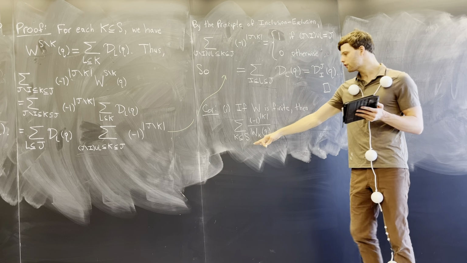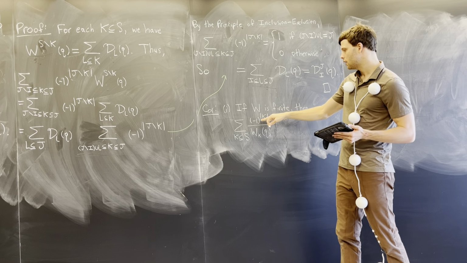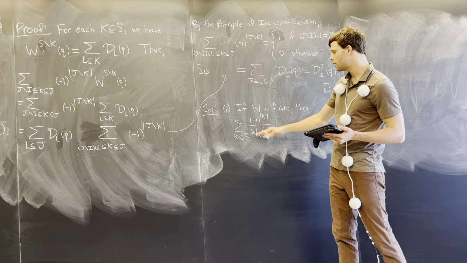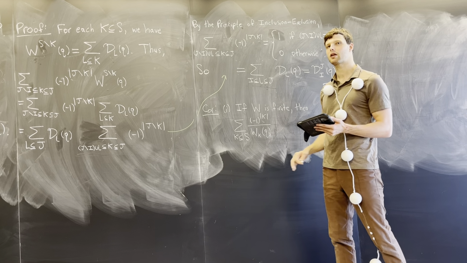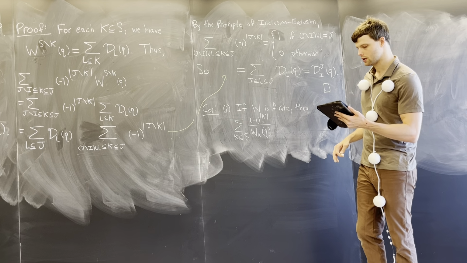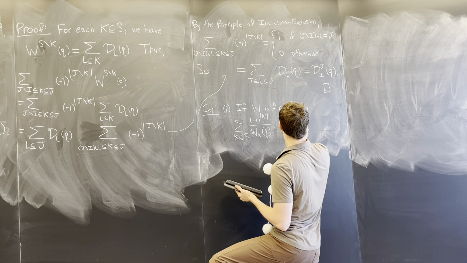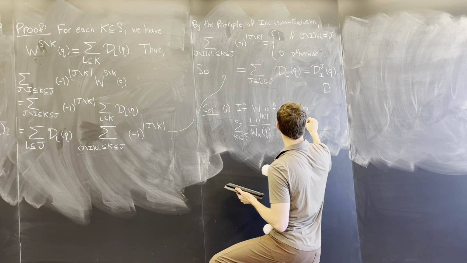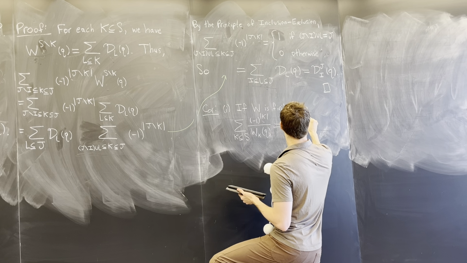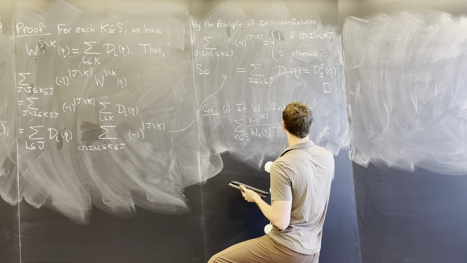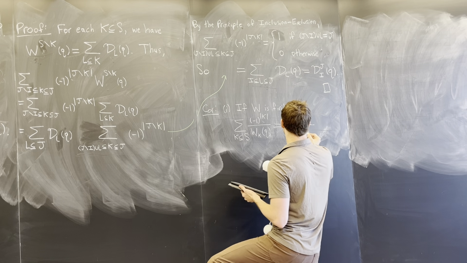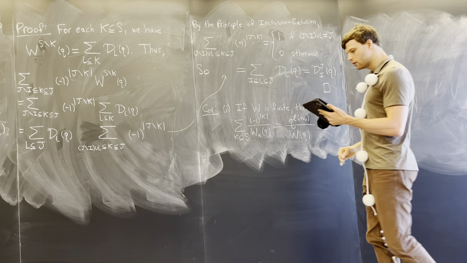So I'm summing over all subsets, and for each one I take this (-1) to some power divided by the generating function corresponding to the parabolic subgroup generated by K. This will end up being q to the length of the long element w_0 divided by the whole generating function that I actually care about, which is W of q.